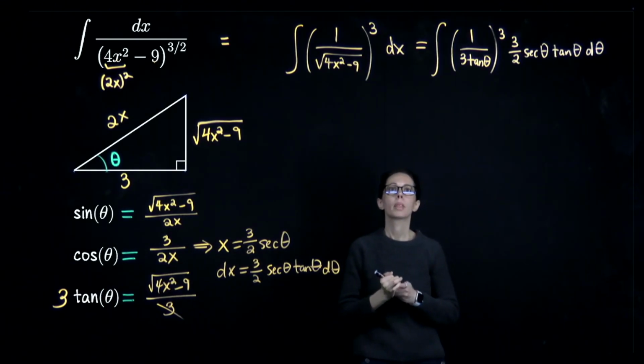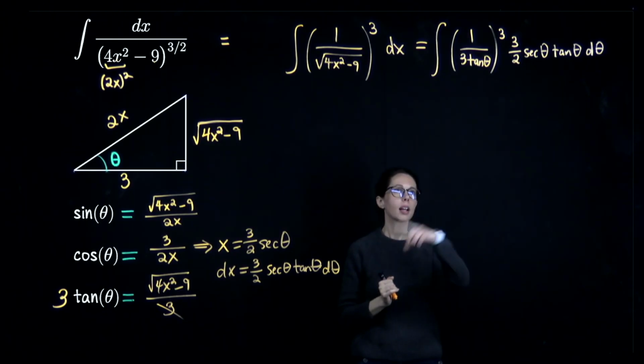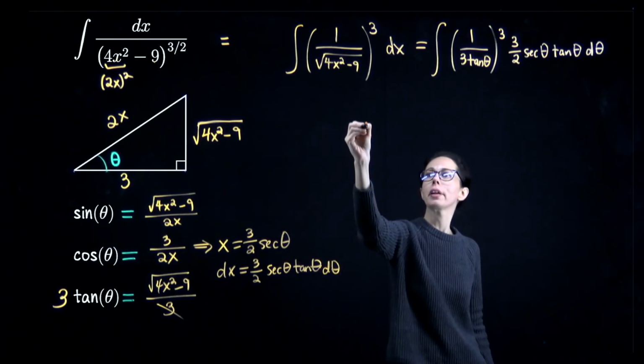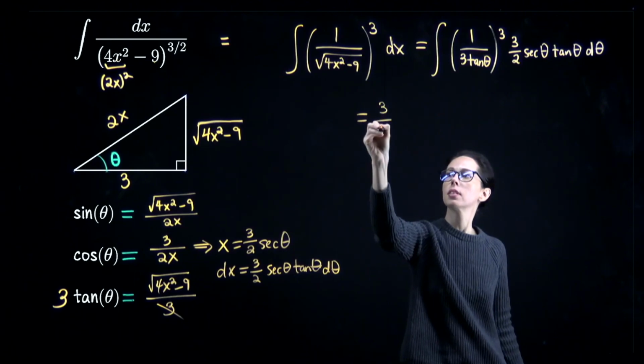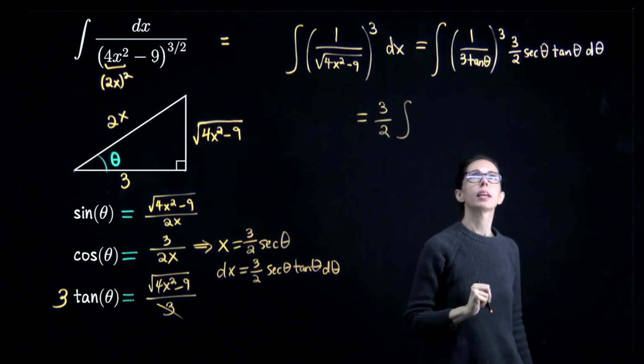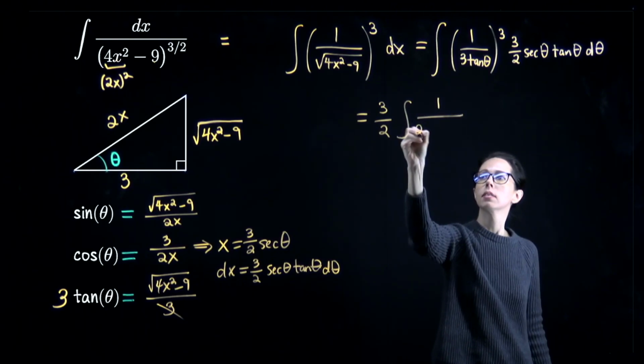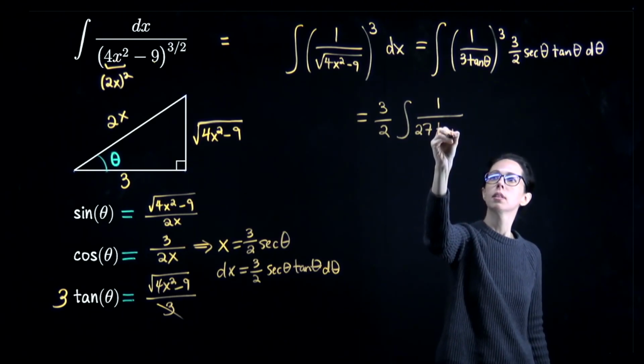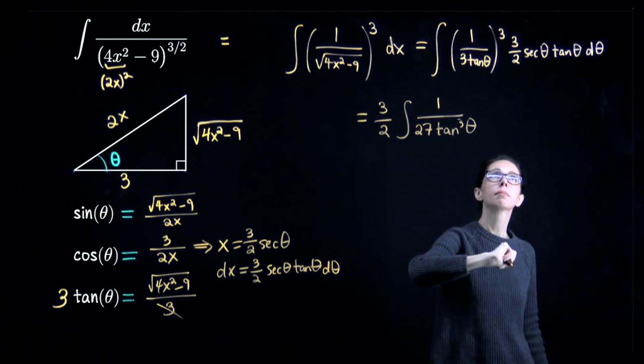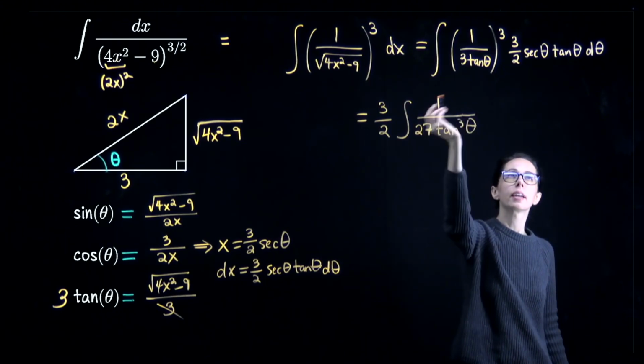Okay, let's now bring the constant out, cube it here, so 3/2 times the indefinite integral of 1 over 27 tangent cubed theta, secant theta, tangent theta.